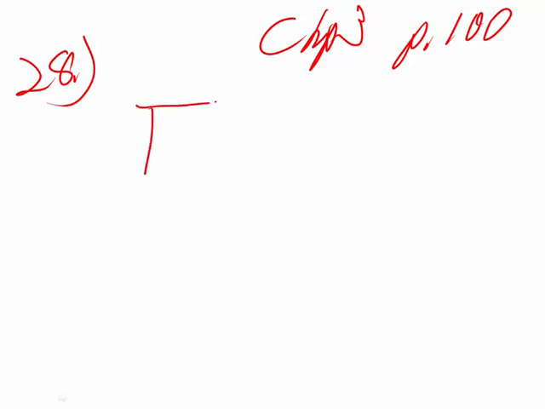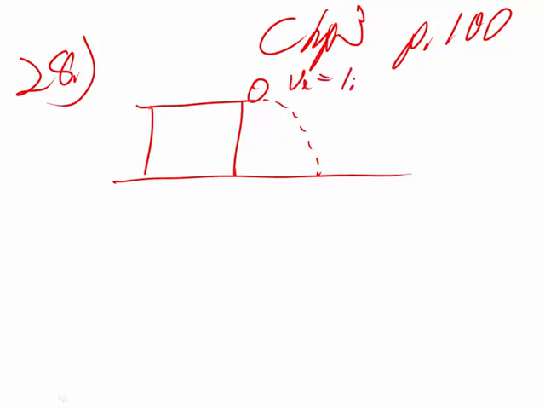So we've got a bench, like this, and we've got a ball. It comes off and does this right here, and there's the floor. Its velocity in the x direction is 1.25 meters per second. You say, how'd you know that? It says the ball with horizontal speed is 1.25 meters per second, and it rolls off.